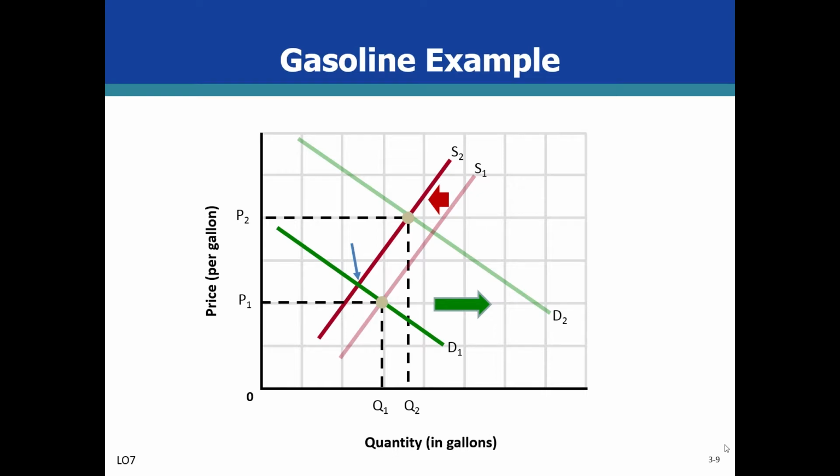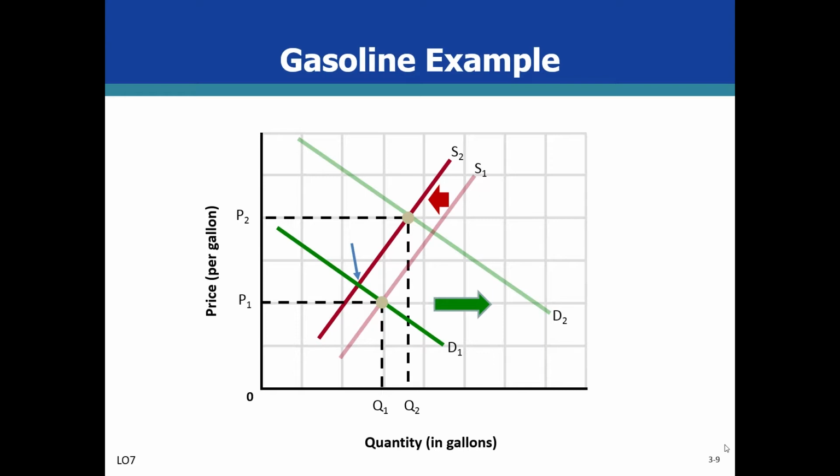However, at the same time, the demand for gasoline increases significantly from D1 to D2. Assume that it's based upon people buying less fuel-efficient trucks, basically driving the same, getting less fuel economy, so the demand for gasoline increases. It shifts from D1 to D2.